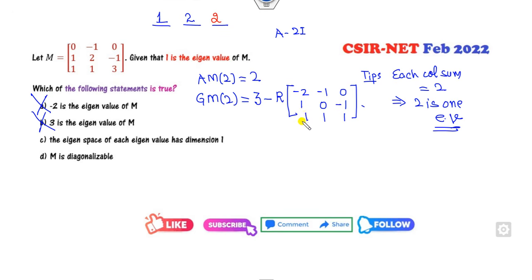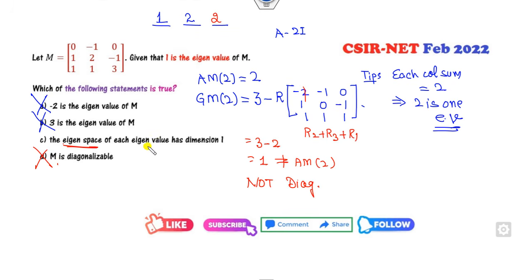Now clearly, if I add R2 plus R3, what will happen? 0, 0, 0. That means the rank is less, so it is 1, which is not equal to the algebraic multiplicity. That means it is not diagonalizable. So this option is cancelled.